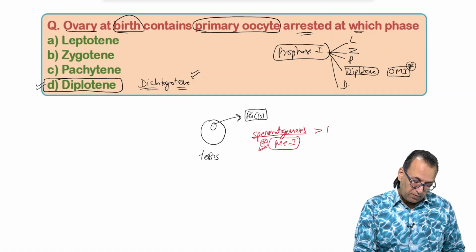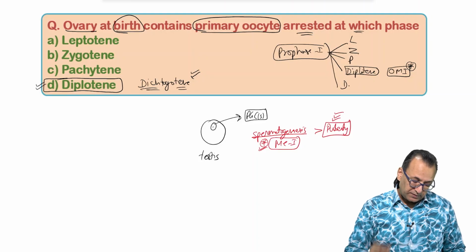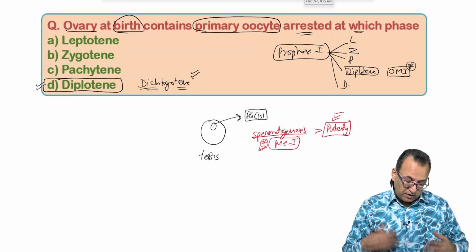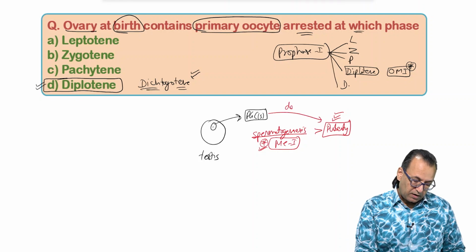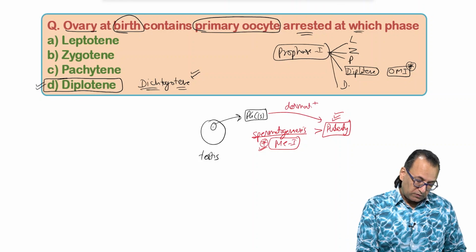Spermatogenesis begins only after puberty. That means in males, the testis will start undergoing meiosis 1 only after puberty, and these primordial germ cells are dormant till puberty. So that also we can remember.